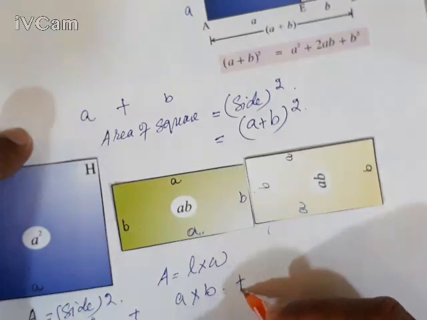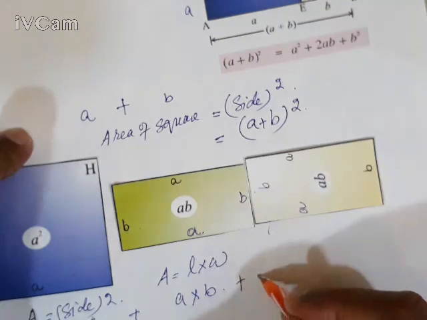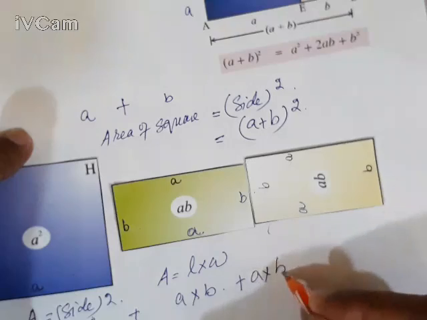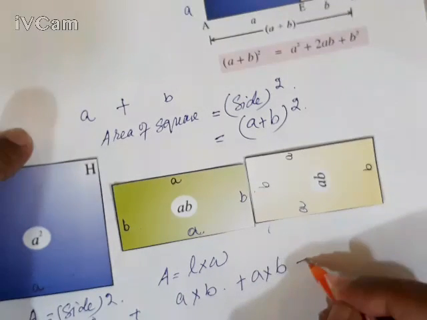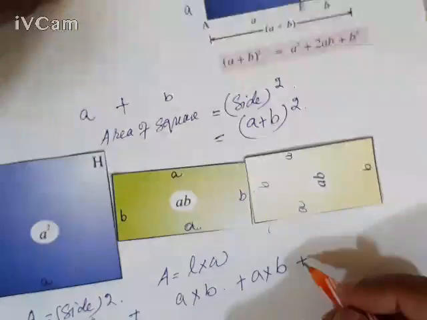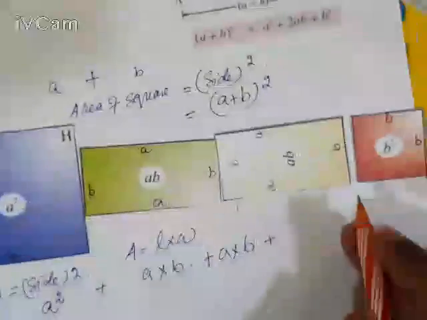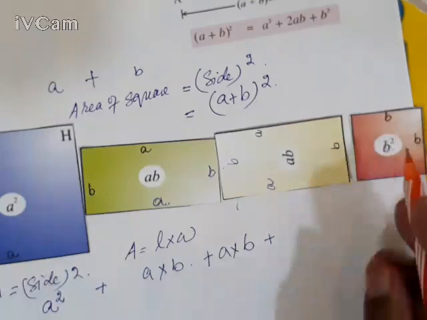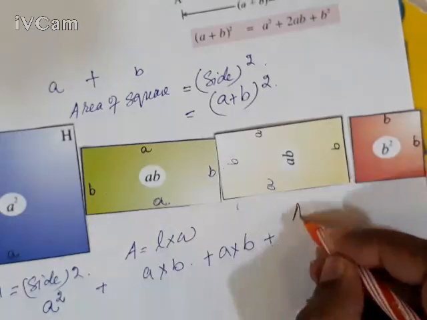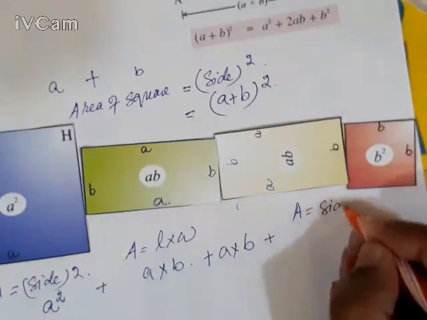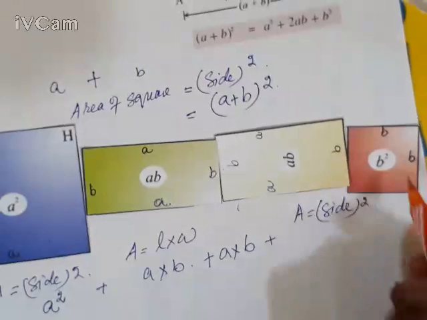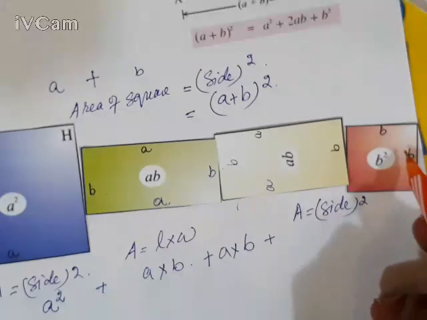So we have to add these areas. Then again we pick up the smaller square and paste it over here, and the area of this square is side square, because both sides are the same.